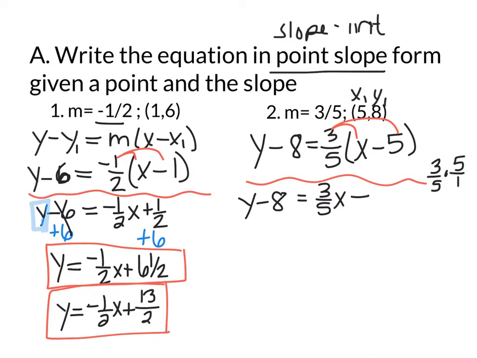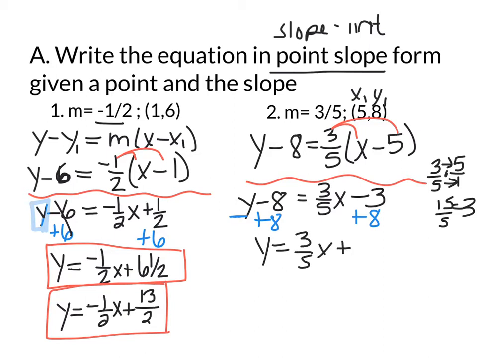I can cancel my 5s and make that 3 over 1, or I can make it 15 over 5, which is 3. Multiply the top, multiply the bottom when we're multiplying fractions. So minus 3, and then I want to get y by itself, so I'm going to add 8 to both sides. And y equals 3/5 x plus negative 3 plus 8 is 5. That's my final answer in slope-intercept form.